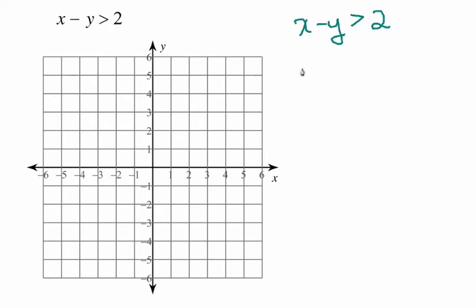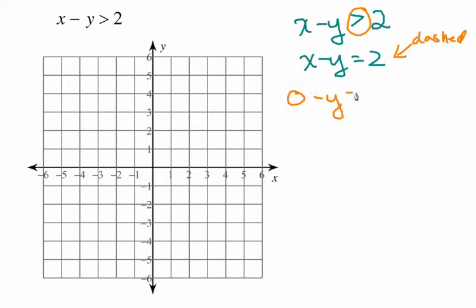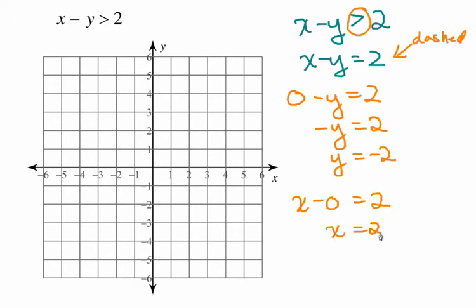I'm going to use the intercepts that we used several problems ago to graph the boundary line x minus y equals 2, right? That's the boundary line. And in this case, it's going to be dashed because we don't have an or equal to in our original inequality. So if I plug in 0 for x, I'm going to get that negative y equals 2, which means that y equals negative 2. And if I plugged in a 0 for y, I'm going to get that x equals 2.